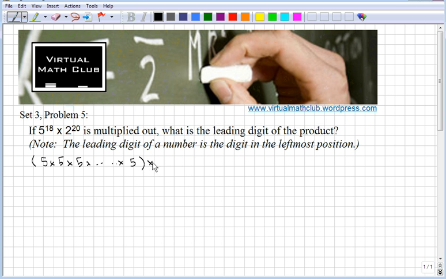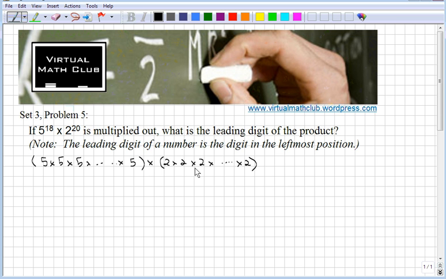If we were to expand 2 to the 20th, we'd just have 2 times 2 times 2 times 2 times 2 times 2, 20 times, okay? So we can expand this out and think of it in terms of what it means. An exponent is just repeated multiplication, okay? So that would be my first hint.